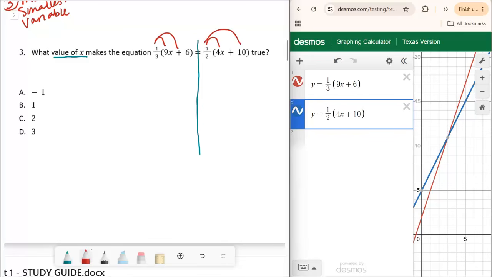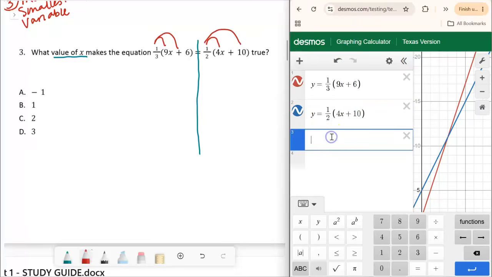So multiply everything by that. So in decimals, you can type 1/3 times 9. Arrow over. Parentheses times 9. That gives me 3.